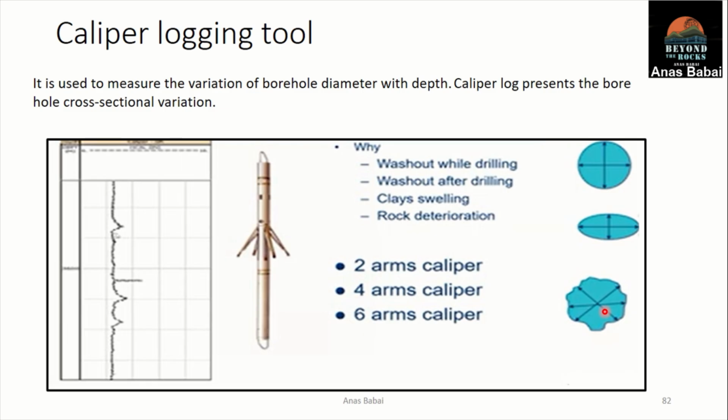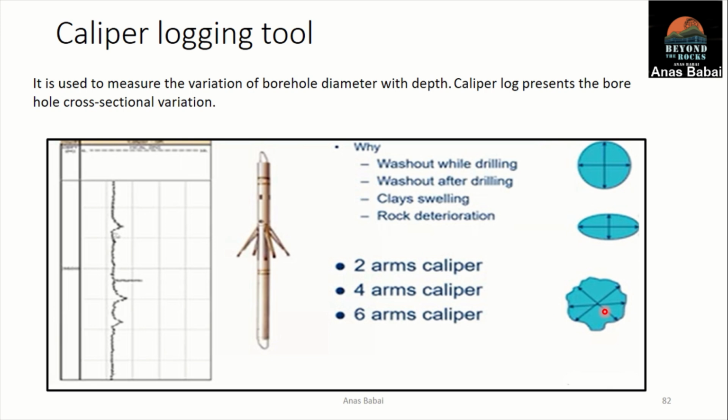And that is very important because when we are doing logging, we have to take the borehole condition into consideration, because it can affect the reading of some specific logs that are supposed to be fixed against the borehole, as we will see in the next coming slide.